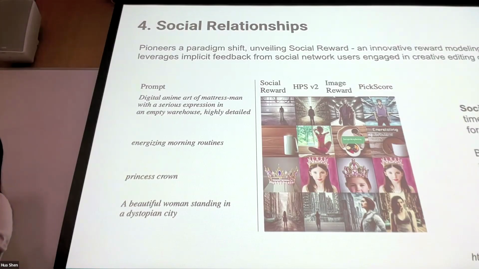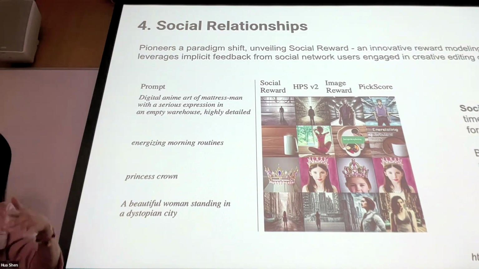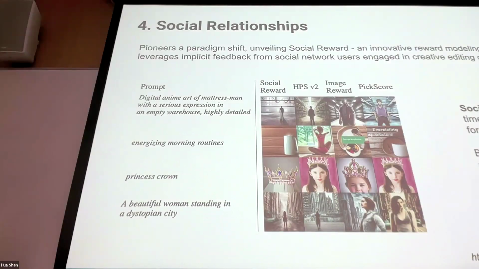I'm not sure they use human annotation, but they use the score to rank all the images. So they showed the best 20 or best images for a specific prompt. I think HPS and ImageReward are both given as scoring models.